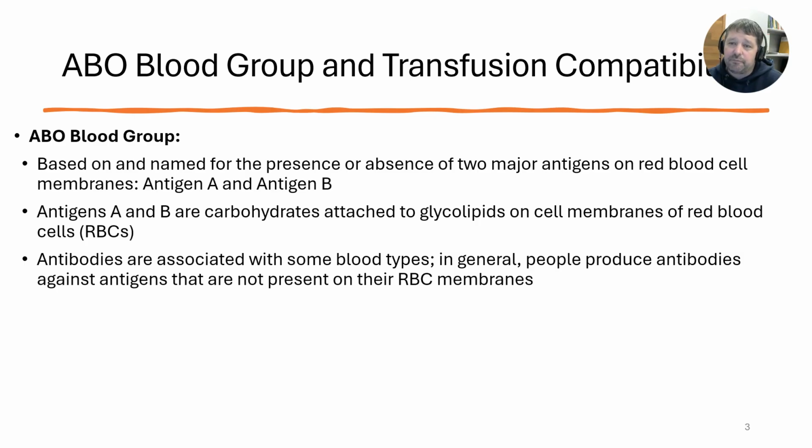So we have proteins that are bound to lipids that have carbohydrates attached to them. Remember, it's not always just a protein. Sometimes a few of these biomolecules are linked together. But regardless, that's what the antigen is, and the antibody is going to react to that.